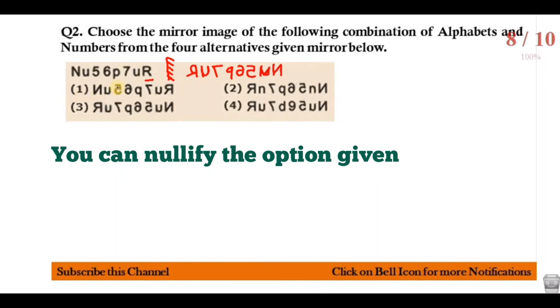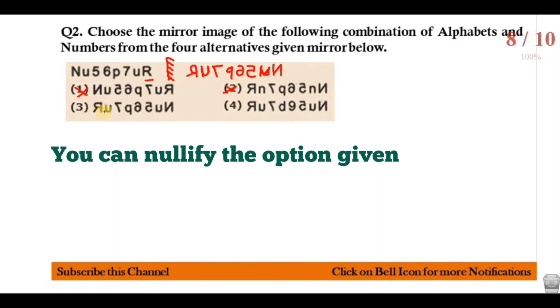From these options you can see in the first option the N is at the first position, so this is wrong. In the second option R is at the last position, then Q, 6 is given, N, U is given, right, but the U position is shown wrong, it is given as a mirror image, so it is wrong.